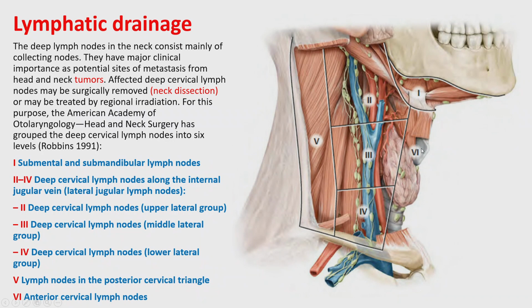So the pathologist, under the microscope, or due to magnetic resonance or CT scan, the radiologist can write that this area is affected, yes? And then you open and send it to pathology and they confirm whether it has metastatic cells or not. So the surgeon starts to remove here, here, here.